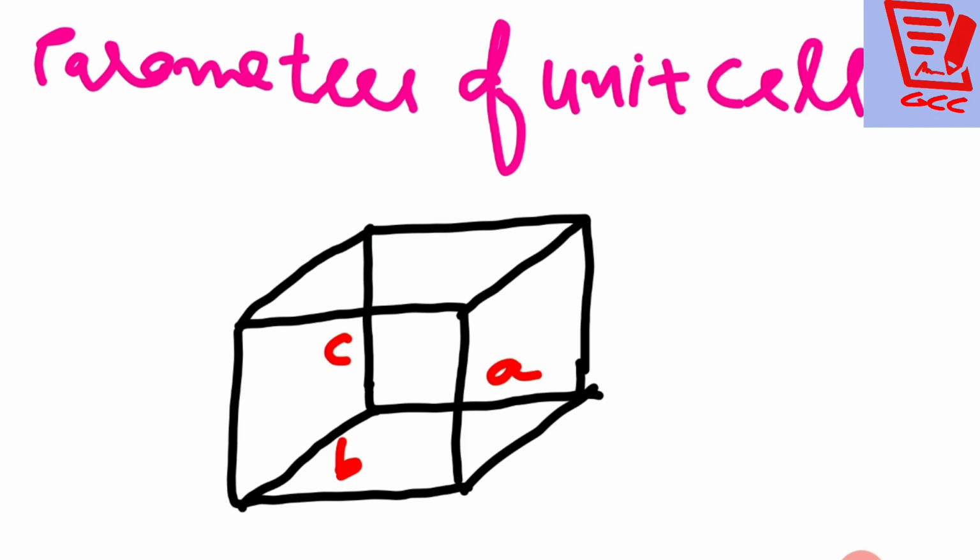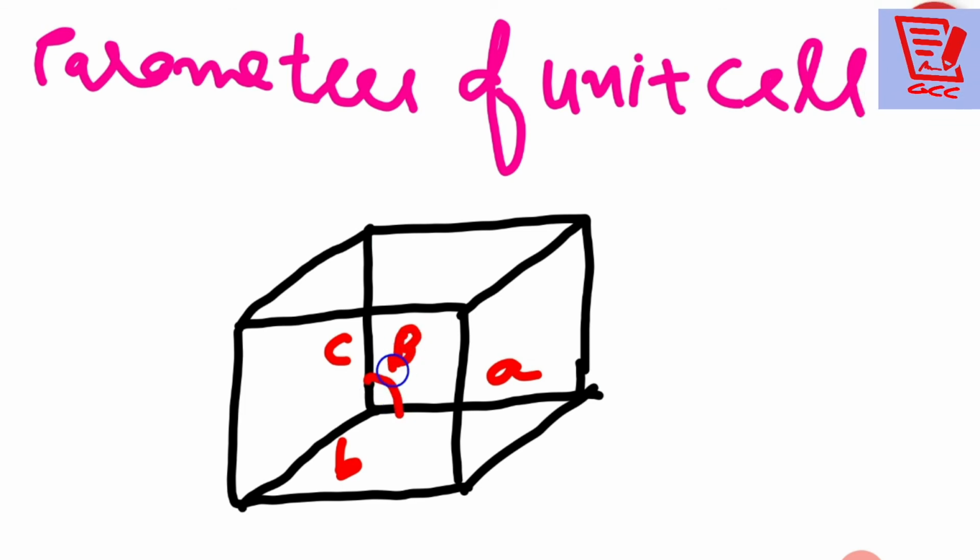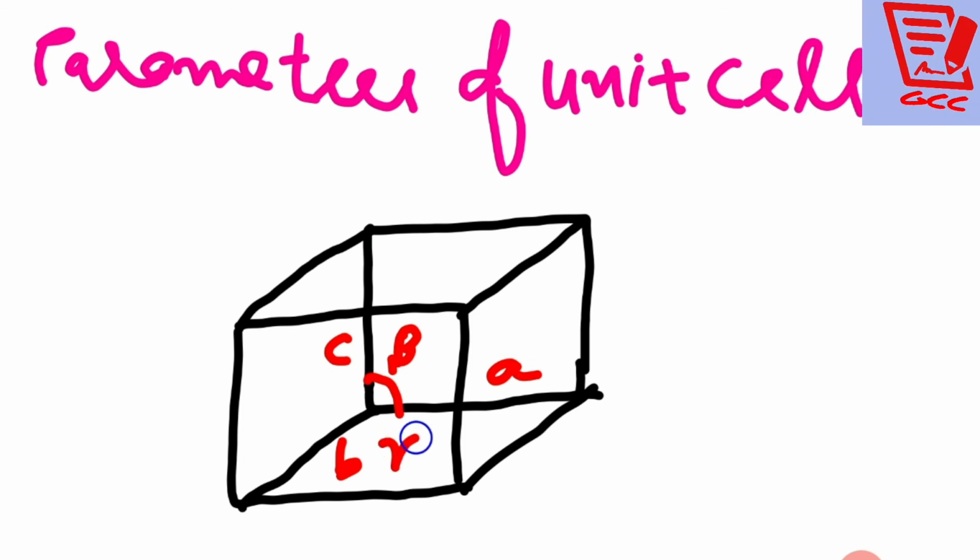Now you can see the angles better. Here the angle is beta, here the angle is gamma, and here the angle is alpha.